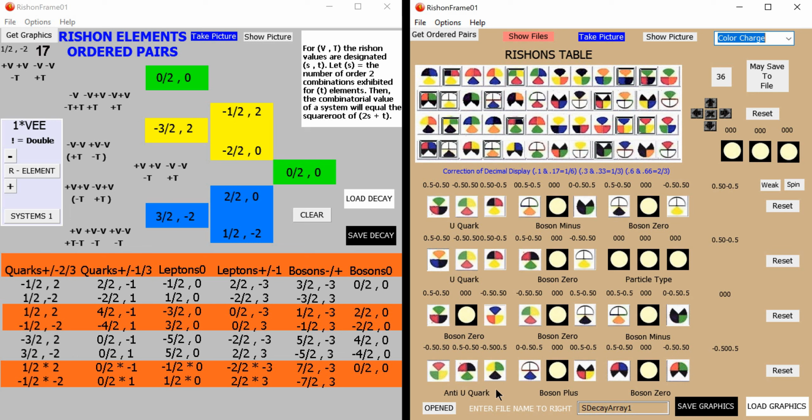And so in that way we can see that in the decay, the color charge, which started off as red, remains red for the decay product, which is a U quark.